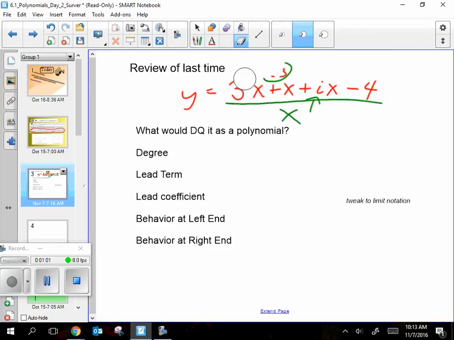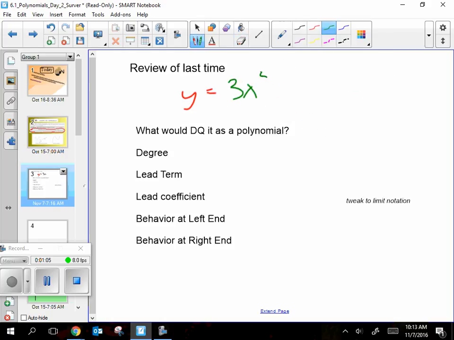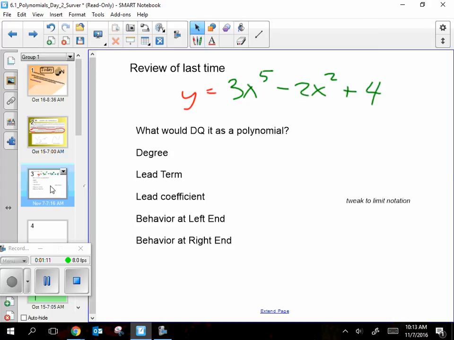So now let's make a more normal one. Let's say you had 3x to the 5th minus 2x squared plus 4. How about that? Would that polynomial right there have a degree? Good. I'd like you to write down what's its degree, what's its lead term, what is the lead coefficient, which is part of the lead term, what is the behavior on the left end, and all you have to say is up or down, and behavior on the right end.